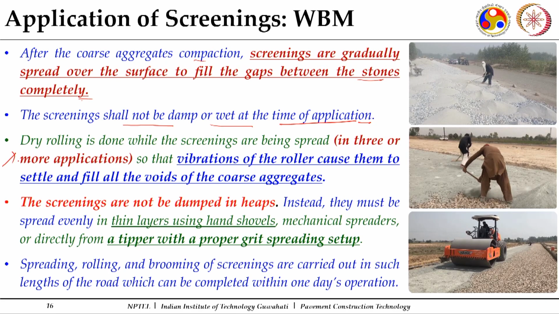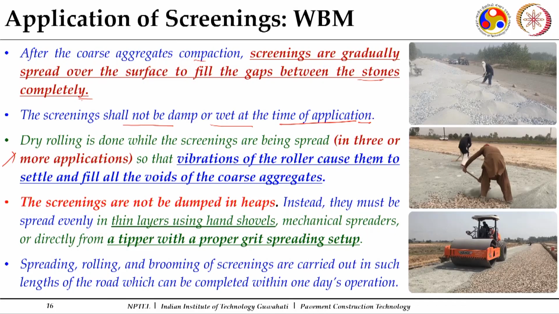Dry rolling is done while the screenings are being spread. Simultaneously we do the dry rolling. Some amount of screening is spread, rolling is done, then some more screening material is spread, because finally we have to achieve the required quantity of screening.